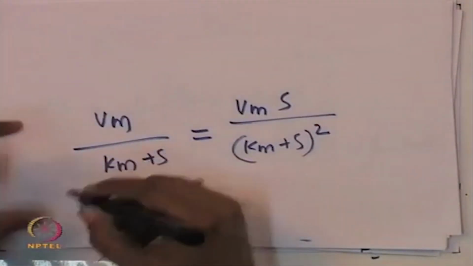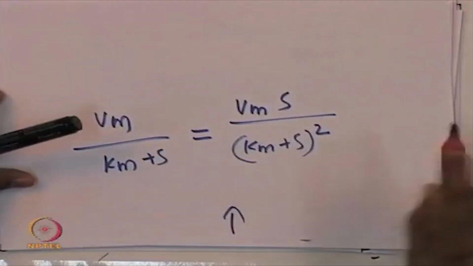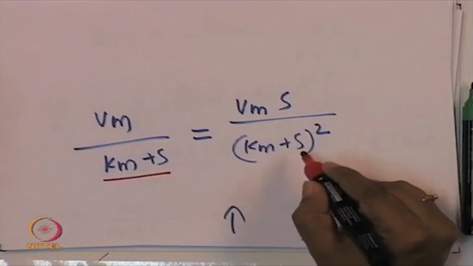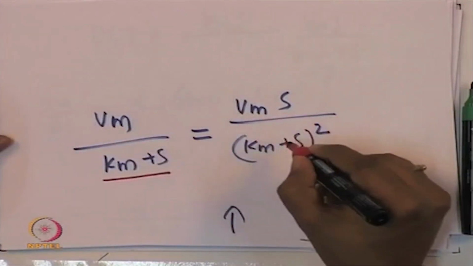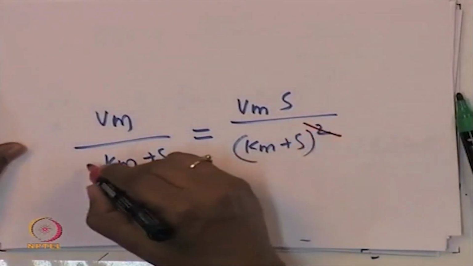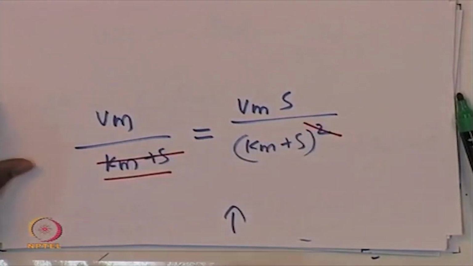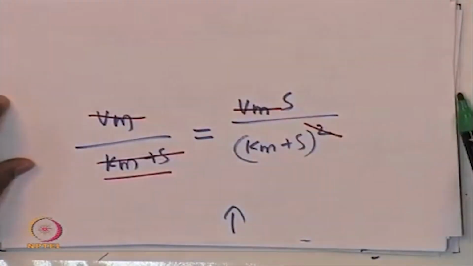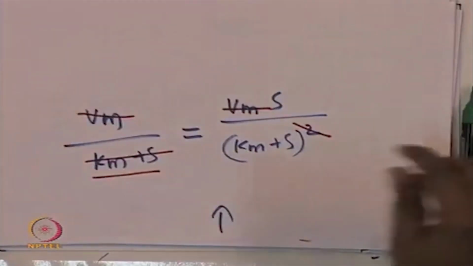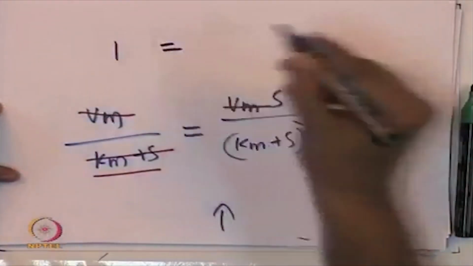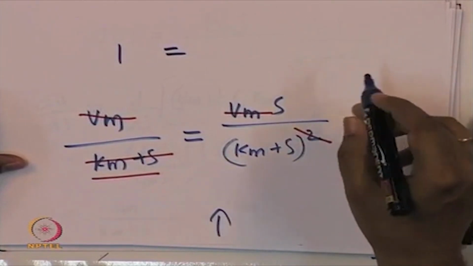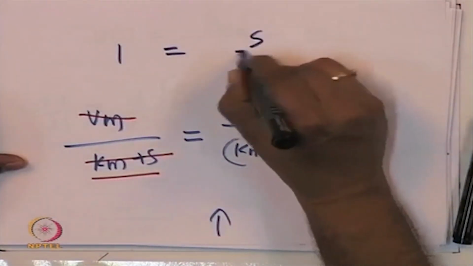Here there is Km plus S whole square, so one Km plus S cancels with one Km plus S, and Vm cancels with Vm. So, what we have on the left hand side is 1. So, basically you have 1 is equal to S by Km plus S.